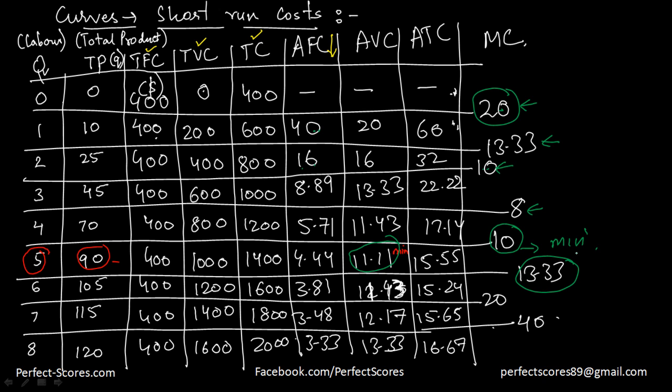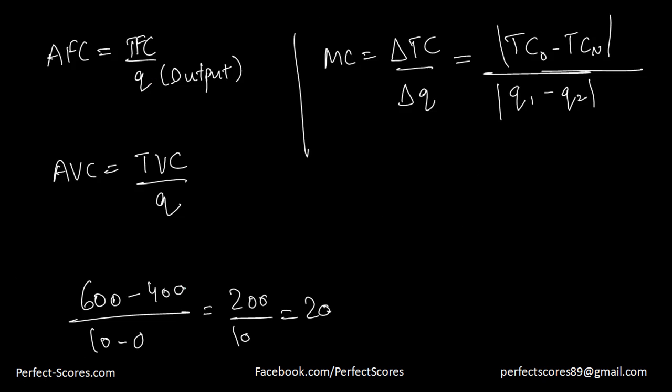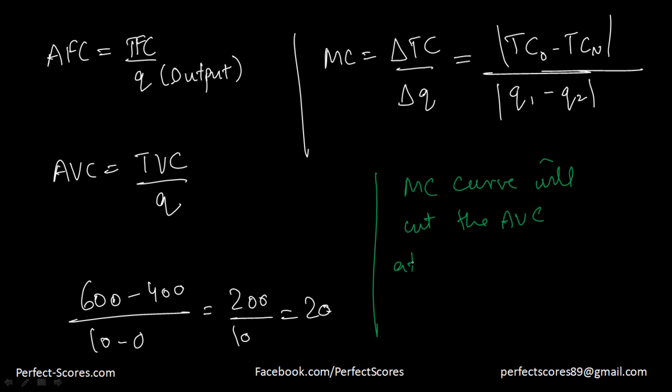So that means the marginal cost will actually meet the average variable cost at its lowest point, right? So that essentially means that the marginal cost curve will cut the average variable cost at its lowest point.